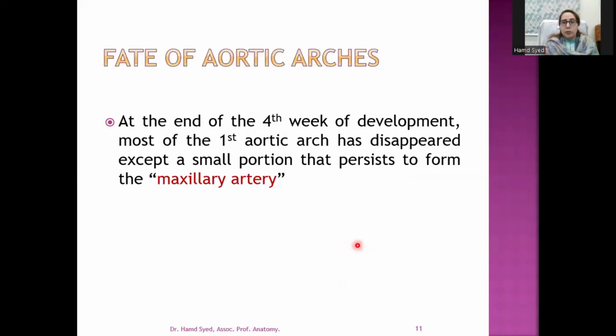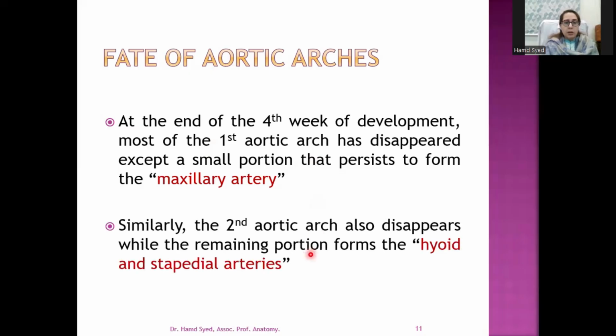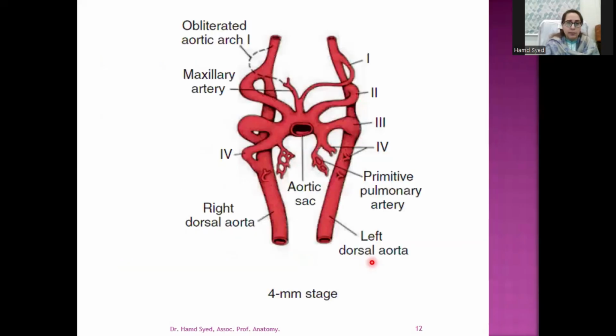Now, what is the fate of aortic arches? What is going to happen to them in the further stages of development? Well, at the end of the fourth week of development, most of the first aortic arch will disappear except a small portion that persists to form the maxillary artery. Similarly, the second aortic arch also disappears while the remaining portion forms the hyoid and stapedial arteries.